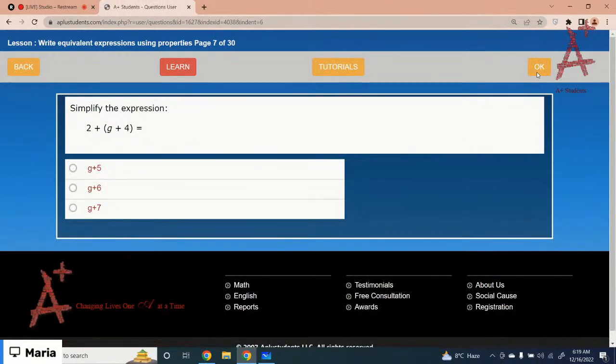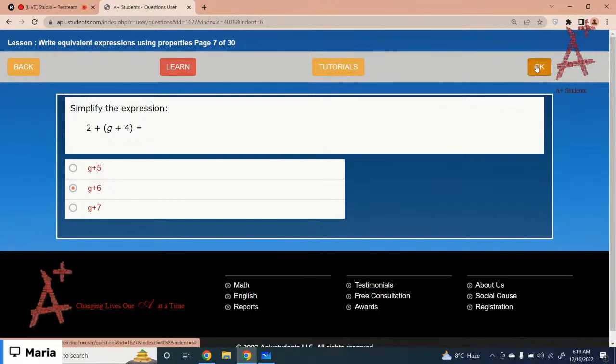Okay, simplify the expression 2 plus g plus 4. So it would be 4 plus 2 is 6. So it would be g plus 6.